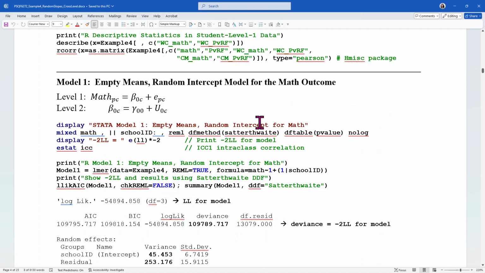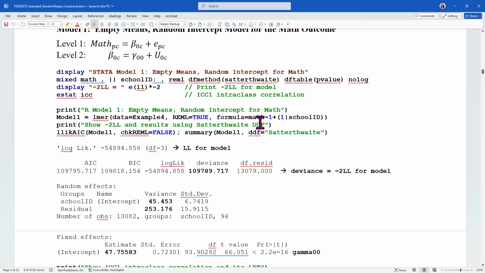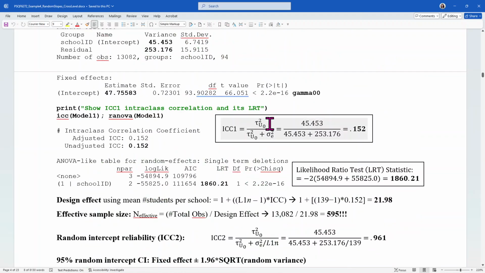Okay, empty models. Intraclass correlation for math is 0.15. Hang on to that number because we will need to keep it as context for adding predictors that explain variance. I told you the punchline to my story, right? 70% of the school level variance is due to poverty.